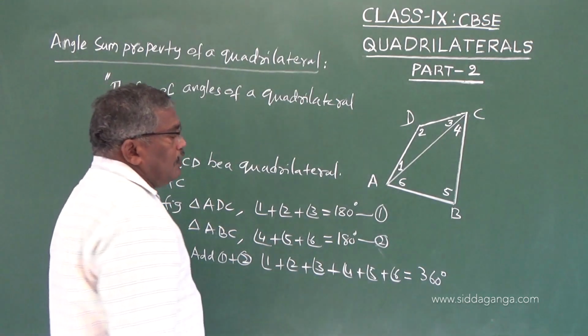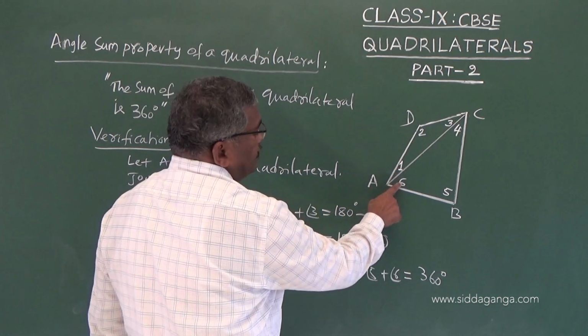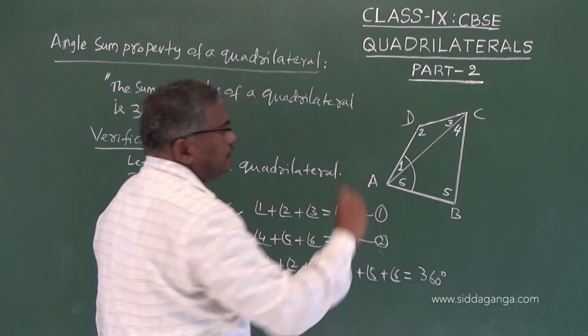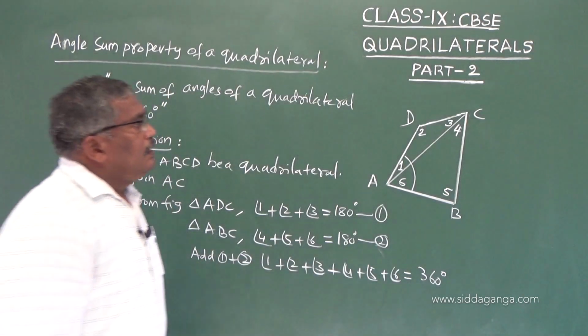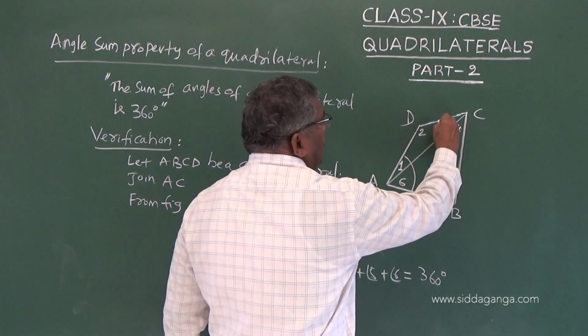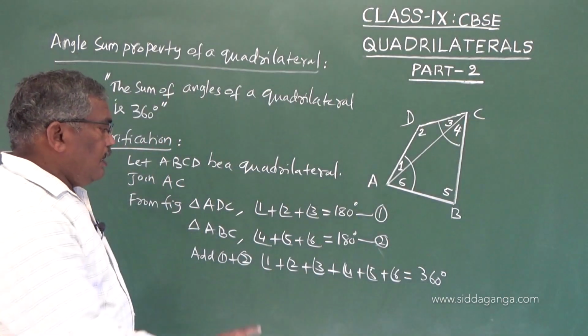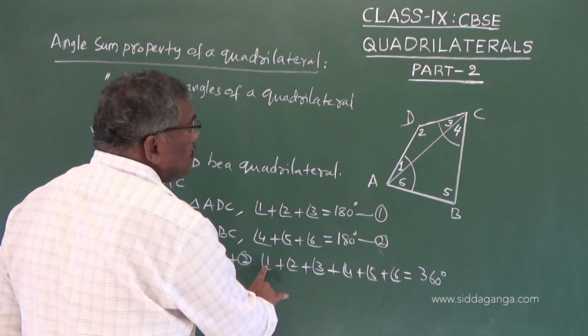Now you observe here, 1 and 6 put together is angle A. 3 and 4 put together is angle C. So I will rearrange this.